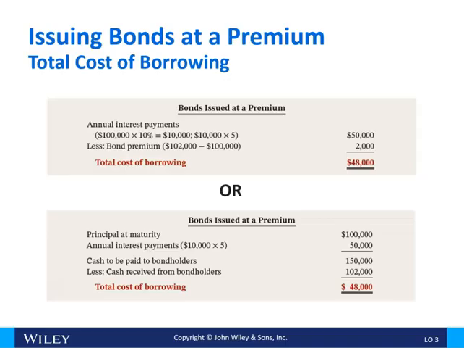We're going to pay $50,000 in interest payments. So we're going to pay $150,000 total. That's the same in both of our examples, a discount and premium. But now we subtract cash received from bondholders, which is more than our face value, $102,000. So our total cost of borrowing is $48,000, which is less than the annual interest payments.